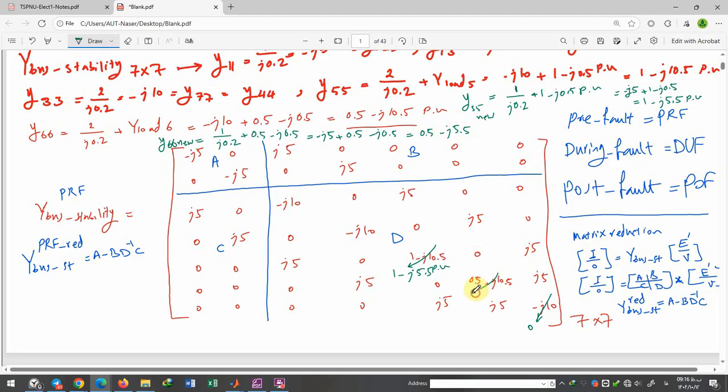It would be half minus j5.5. Y57 would be 0. Y67 would be 0.